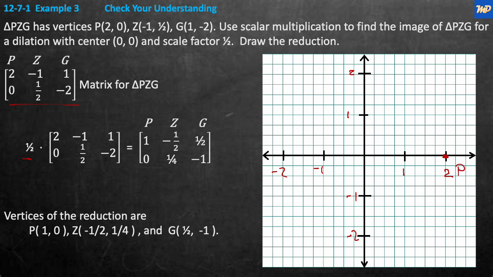Now Z is -1 on X and 1/2. So -1 is right here and 1/2 is right here. You see why I drew them big. Now this is Z, and G is 1 in X and -2 in Y. So 1 in X and -2 right here. So this is G. Okay, those are our points. We can draw the triangle.